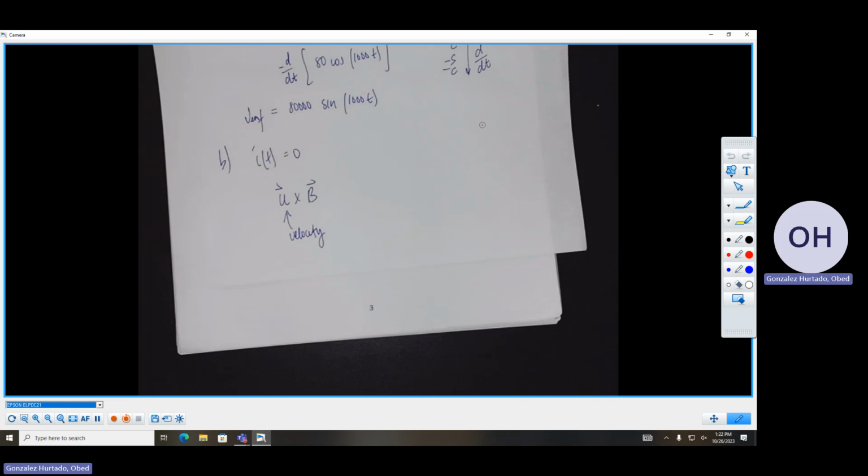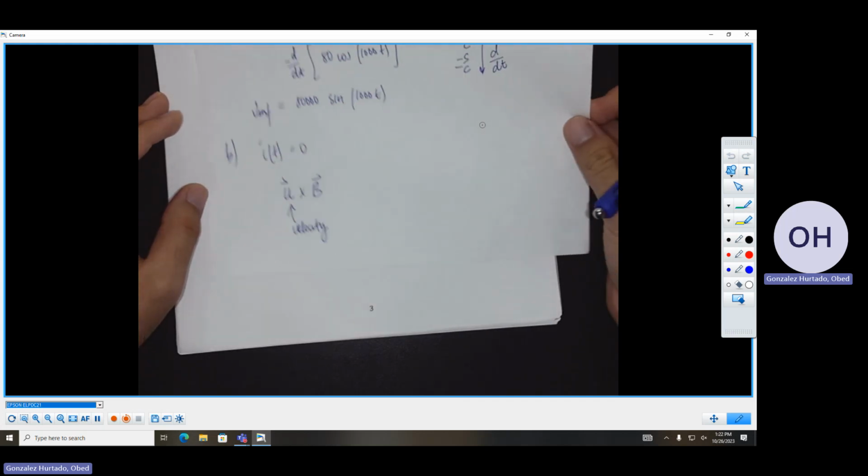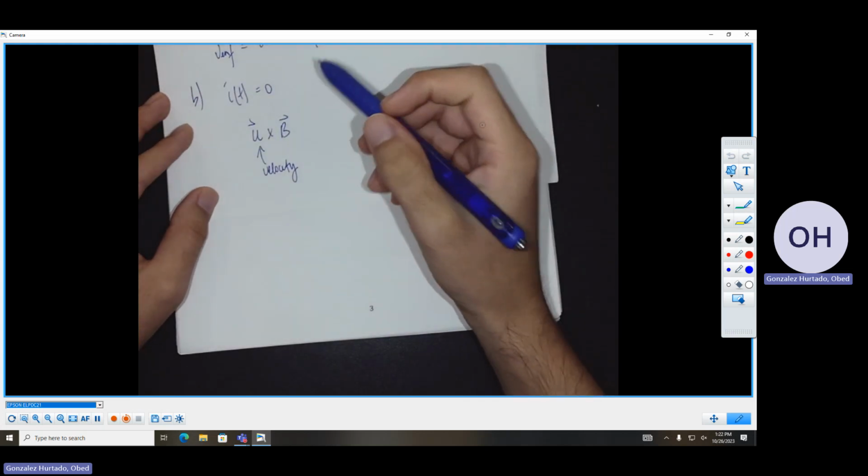That gives us electric flux density, doesn't it?